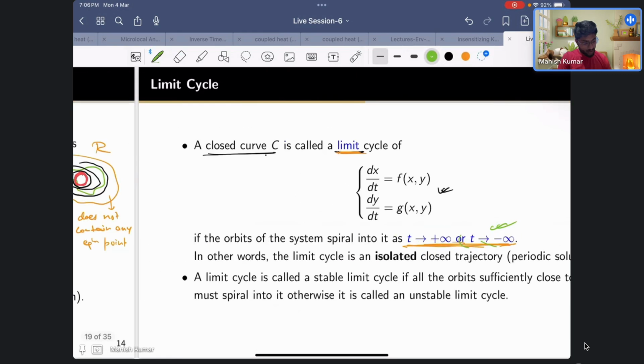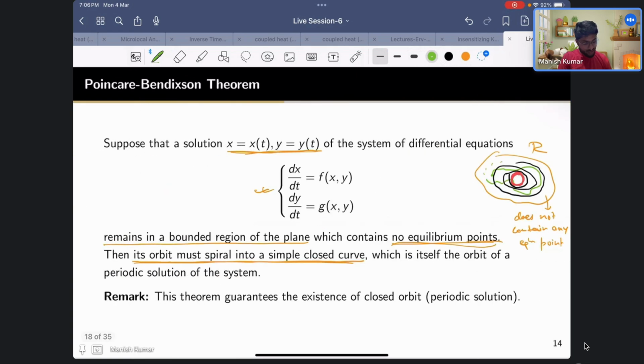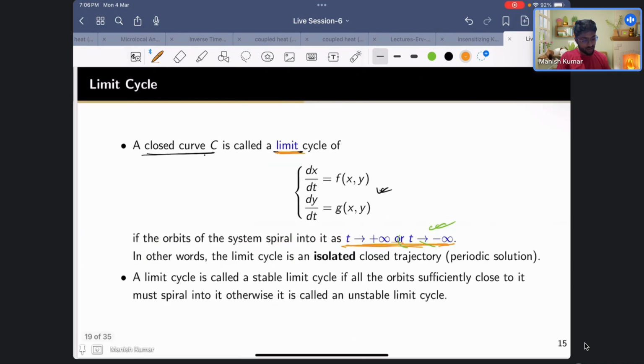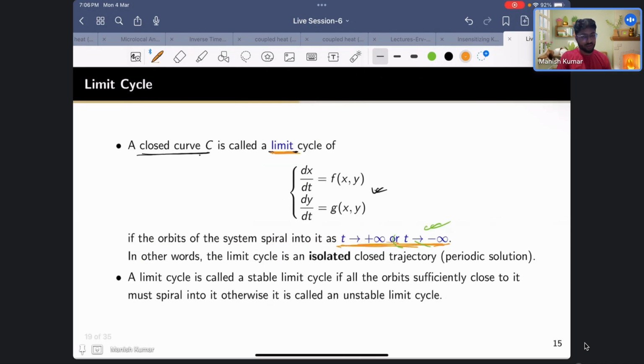The first line is about the simple closed curve being isolated, and the second line says this closed curve itself is an orbit. So a closed orbit exists, and any solution spirals into that closed curve. So this theorem guarantees the existence of an isolated limit cycle.